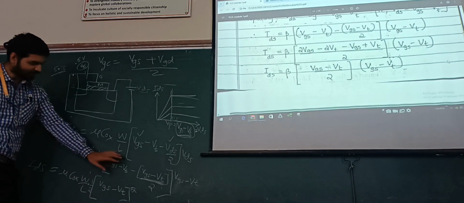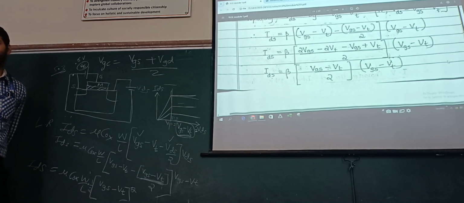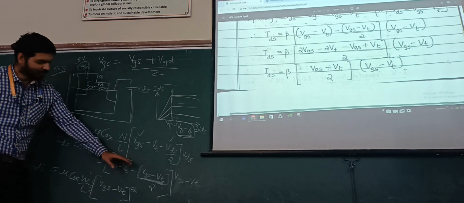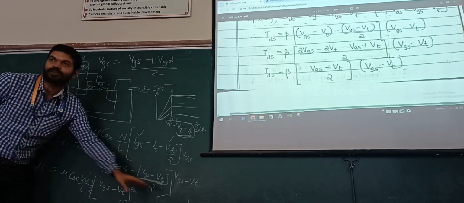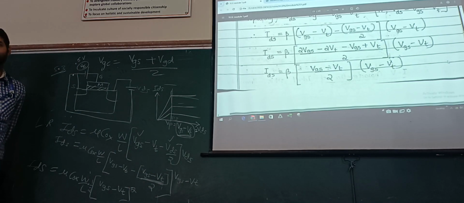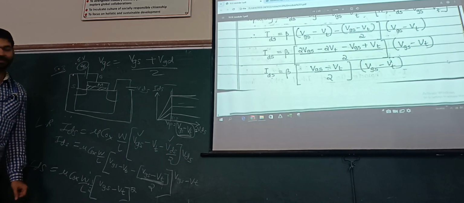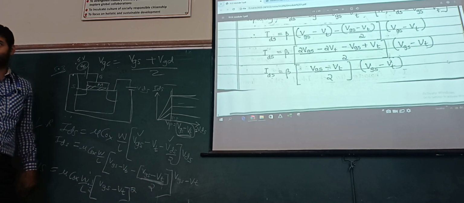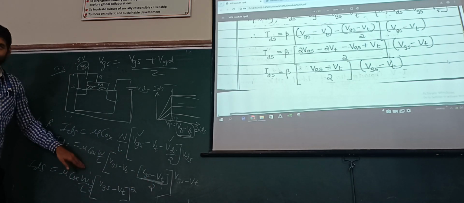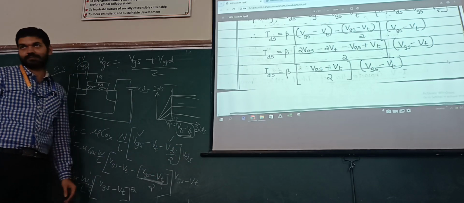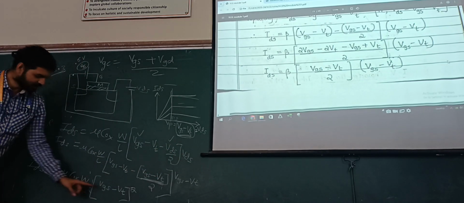This is like 1 apple minus half apple. VGS minus VT is 1 apple, VGS minus VT by 2 is half apple. So only half apple remains. So take the 2 out on this side. VGS minus VT into VGS minus VT, squared, and this 2 has come out.